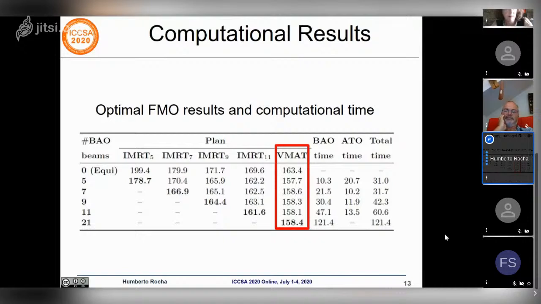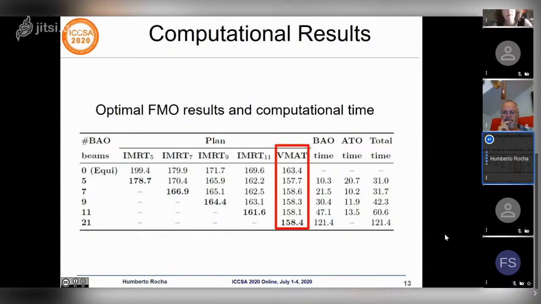We can see that by increasing the number of beams in the first step, the optimal fluence map optimization value improves in terms of IMRT, step and shoot, but in terms of what we want, VMAT, that is adding extra anchor points, all plans obtain similar values of final objective function. So there are no differences.